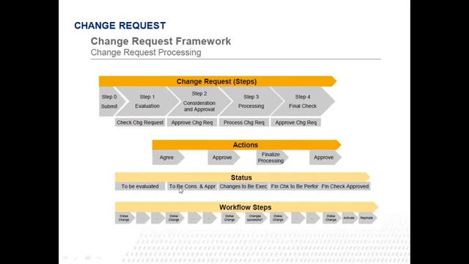If you see at the bottom, another layer has been shown. When you move from submit to the evaluation stage, the status of the change request should be visible, like To Be Evaluated. Here, for approve change request, it is To Be Considered and Approved, and again for process change request.